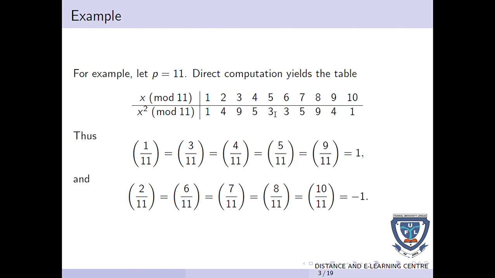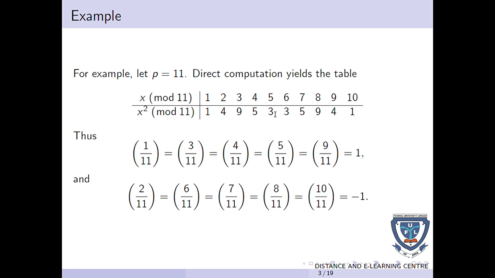For example, let p equal 11. Direct computation yields the table below. x modulo 11 means those numbers below 11, and they are 1, 2, 3, 4, 5, 6, 7, 8, 9, and 10.